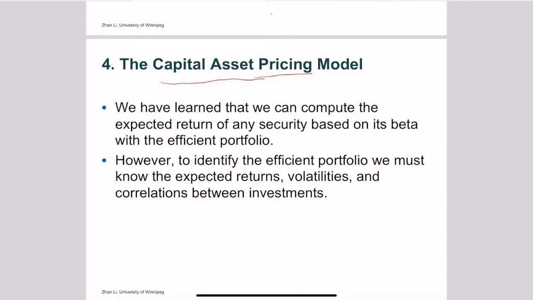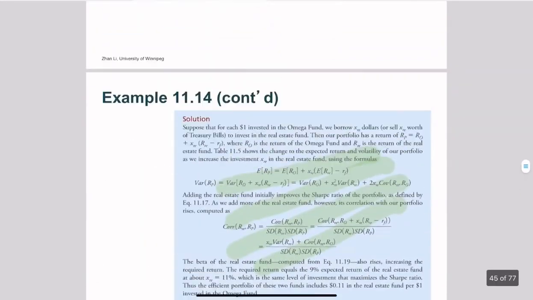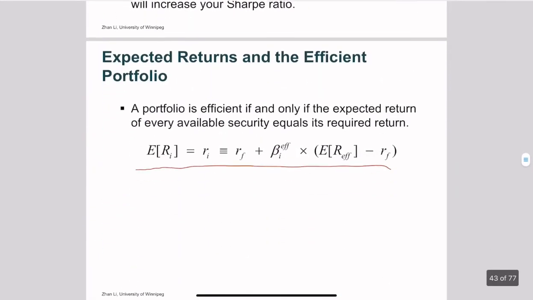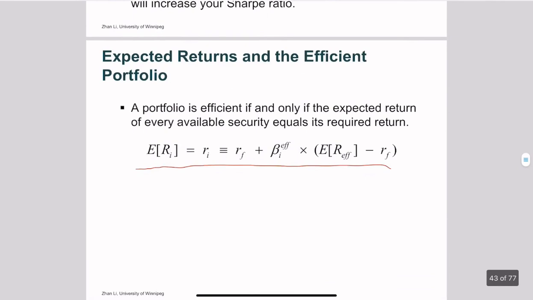Okay, well, now let's start talking about this very important model. The first step is to find out what this efficient portfolio is about. Why is this important? If you recall what we have just learned about the efficient portfolio and expected return, you can see that if you want to find out the expected return for any asset i, you have to calculate the beta.